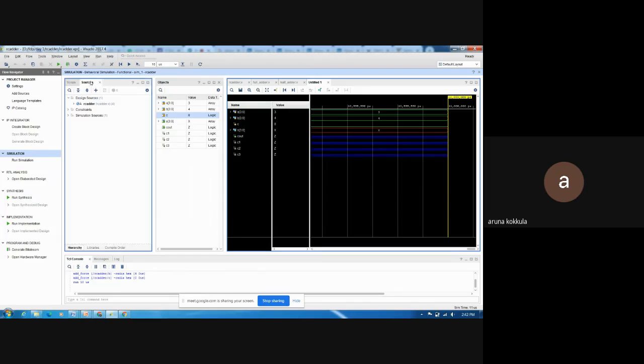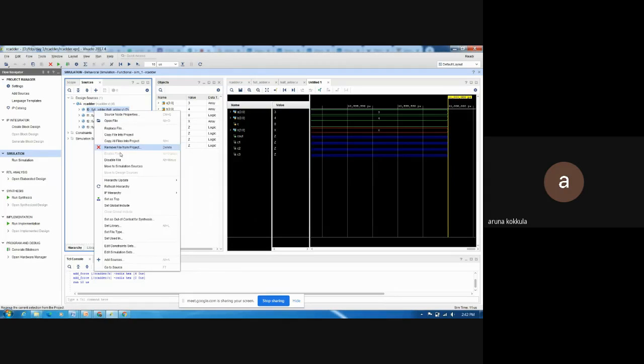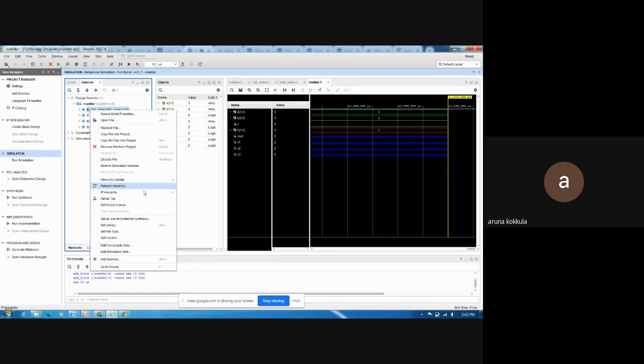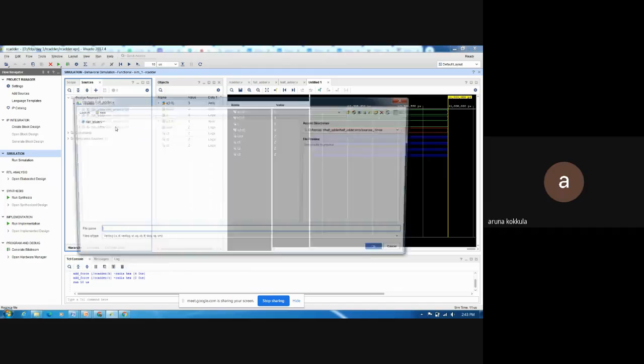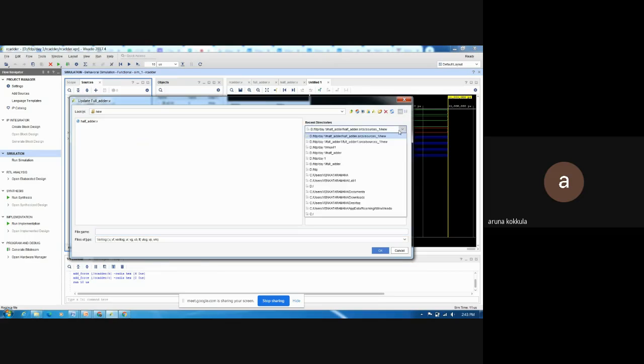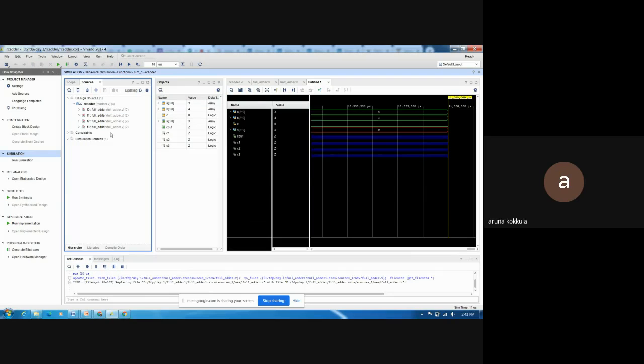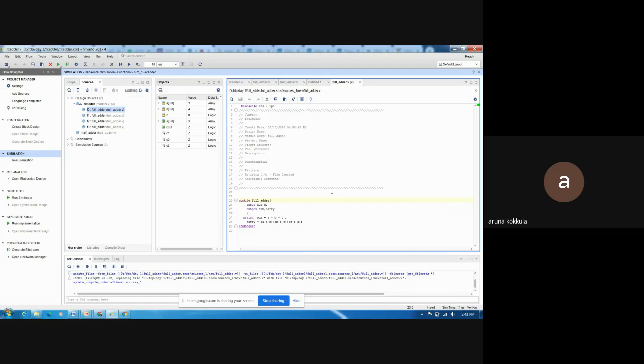Can I go for sources? I will replace my full adder. Add sources, ma'am, finding anywhere. Replace file, that is first full adder. Okay. This is simple, ma'am.